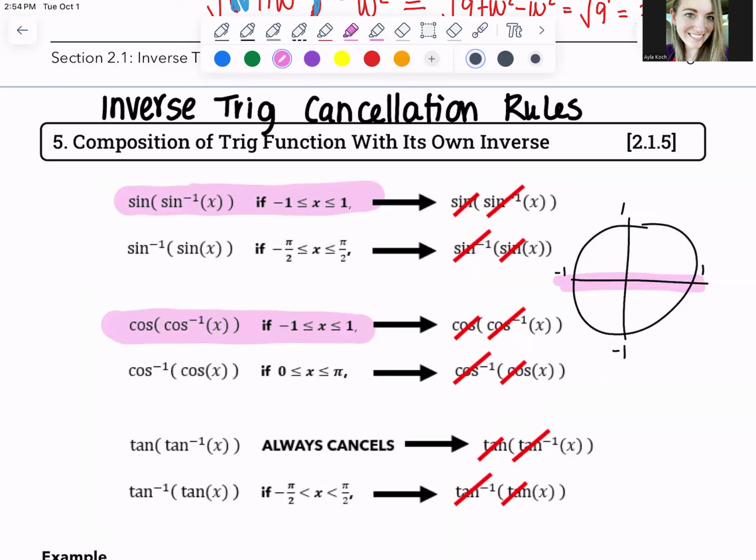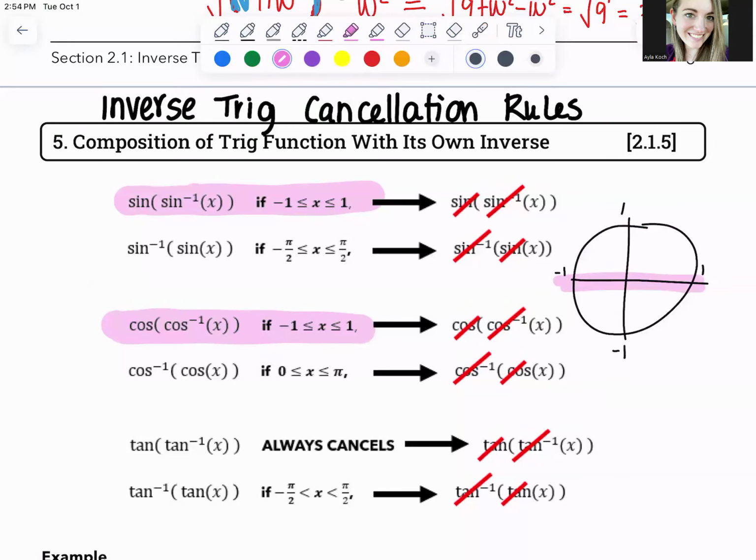Cosine will never be bigger than 1 or less than -1. It can't be. It has to stay on the unit circle. So what this is saying is, as long as you don't try to have a point out here that doesn't even exist on the unit circle and try to take cosine inverse of it, as long as the x value you put in makes sense, then you can go ahead and cancel.